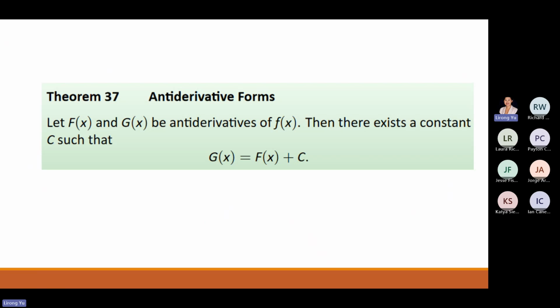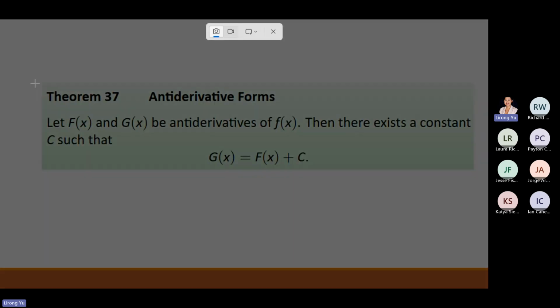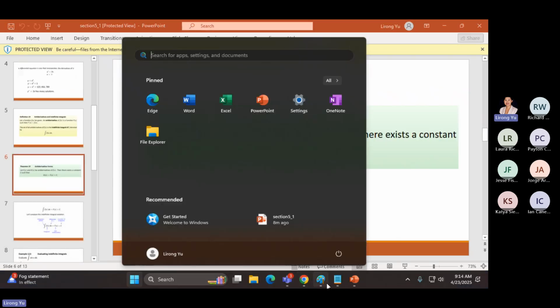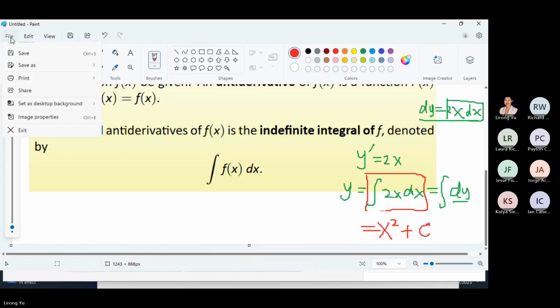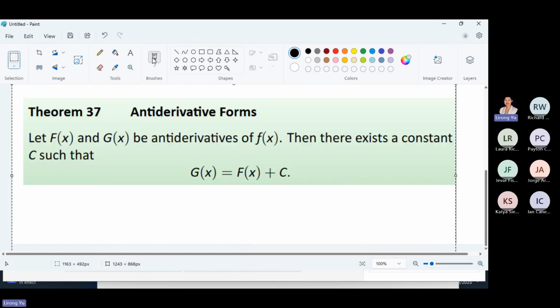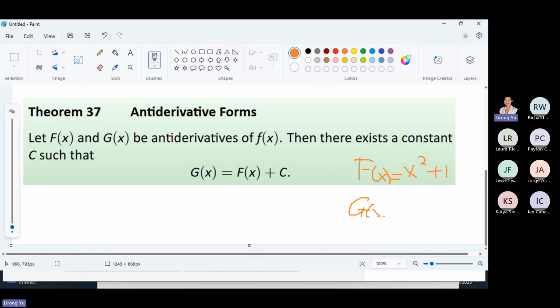For example, we had an example earlier. We had a function f of x equal to x squared plus 1, all right? And then g of x is equal to x squared plus 9, okay?